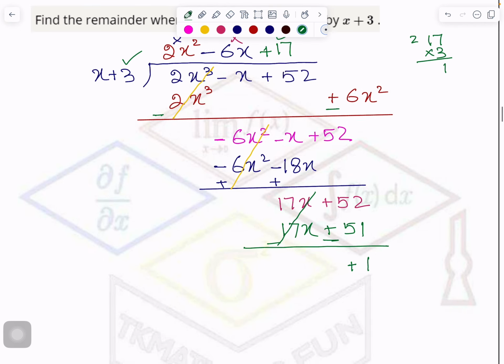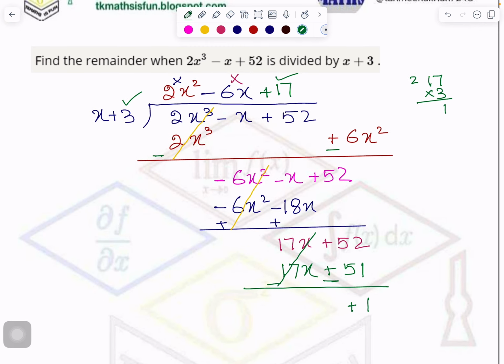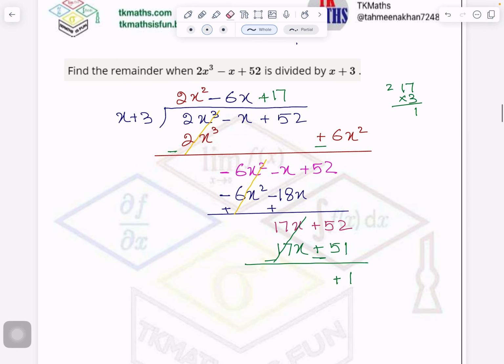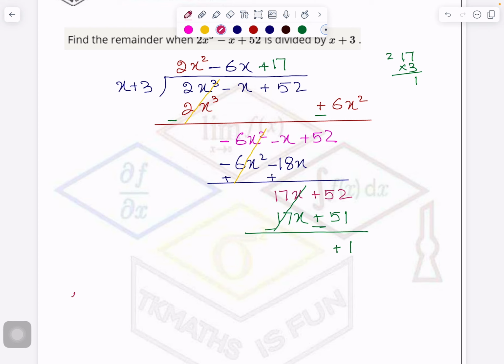So in this case, this is my quotient, this is my divisor. So I can say here, dividend is equal to divisor multiplied by quotient plus remainder.